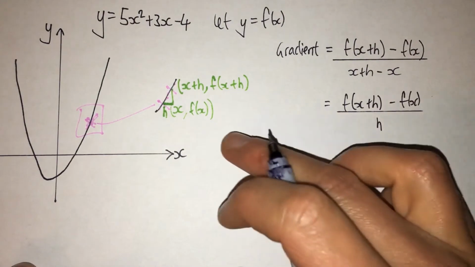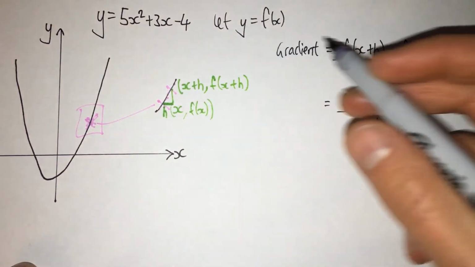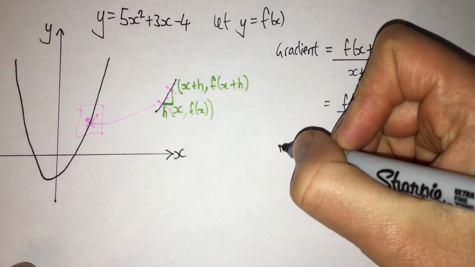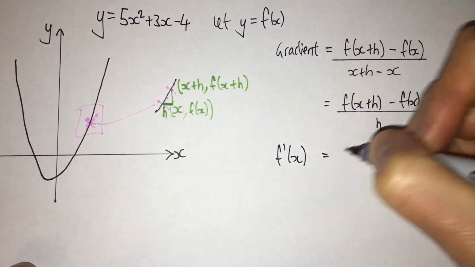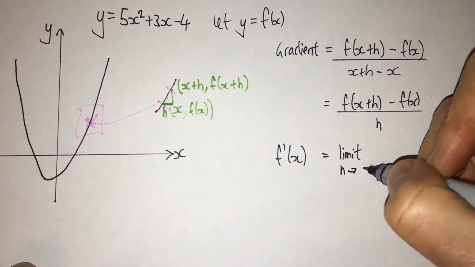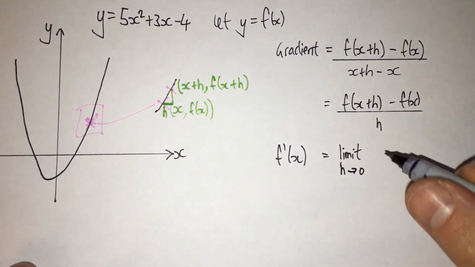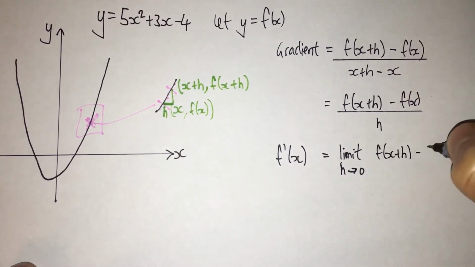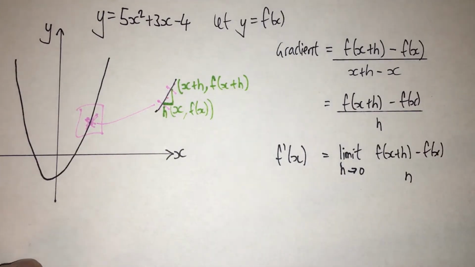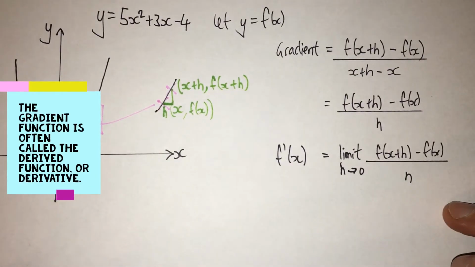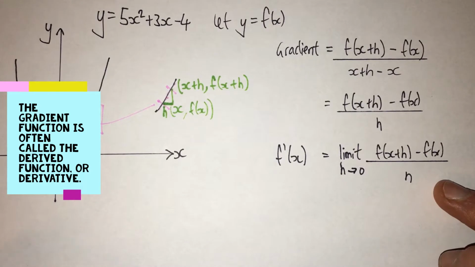We're going to show from first principles what we get, because the gradient, or the derivative as we sometimes say, of the function, represented by f dashed of x, is the limit of this as h tends to 0, that is, as h gets smaller and smaller: f of x plus h minus f of x all over h. Whatever we get from that will be the gradient function. We can then put a value of x in this, and it will tell us what the gradient is at a given point.